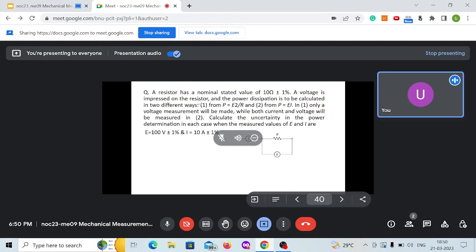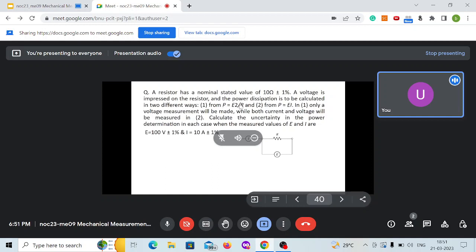So what it says is a resistor has a nominal stated value of 10 ohms plus or minus 1%. So the R value is 10 ohms and the uncertainty is 1%. A voltage is impressed on the resistor, and the power dissipated is to be calculated in two different ways.